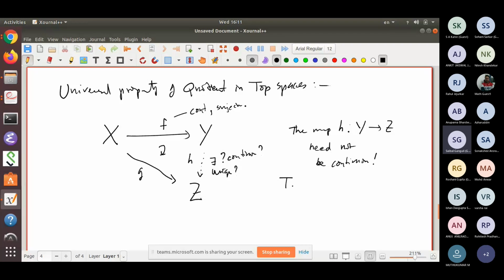Hello, your voice is getting broken. Can you repeat what you're saying? To ensure that H is continuous, what do you need?